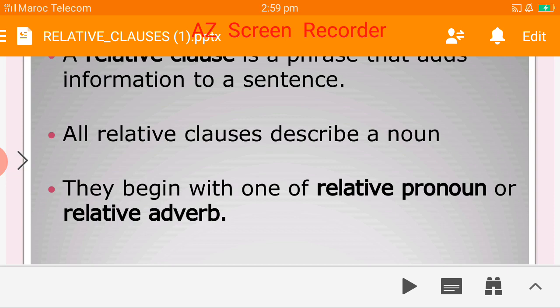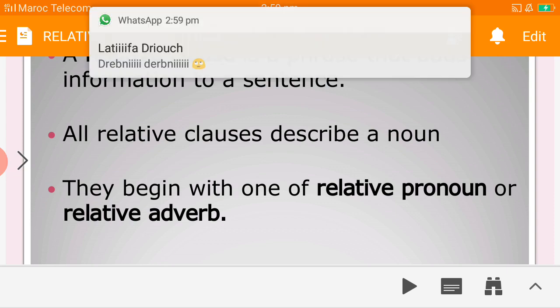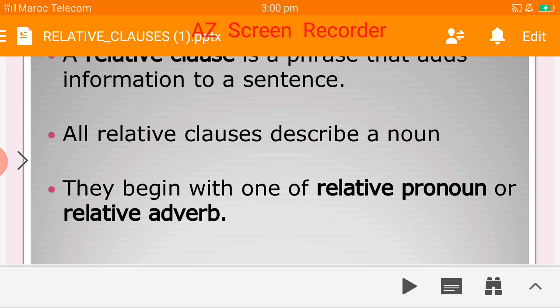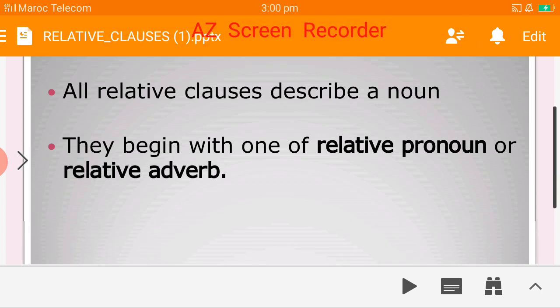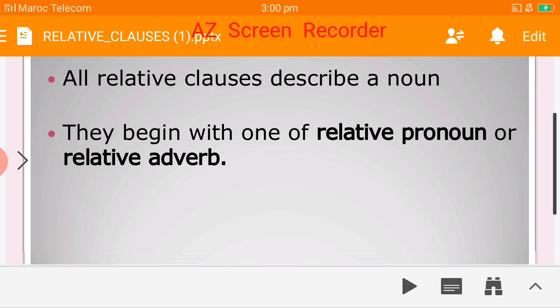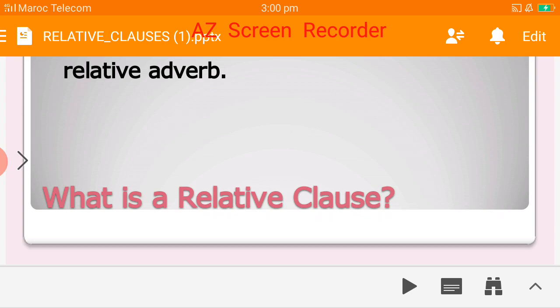So, we're talking about relative pronouns, and of course these relative pronouns try to describe a noun, and they are also used inside a sentence. Thirdly, they begin with a relative pronoun or relative adverb. The first question, what is a relative clause?